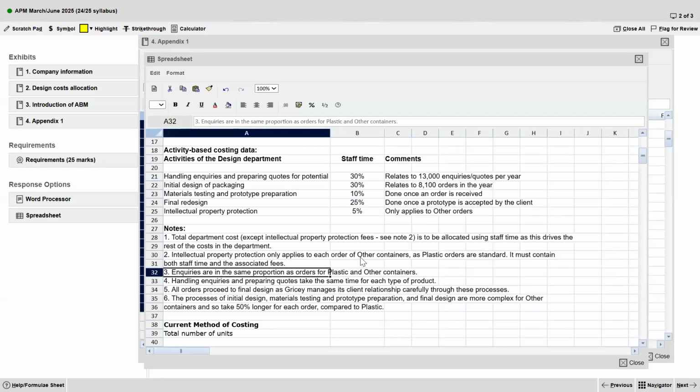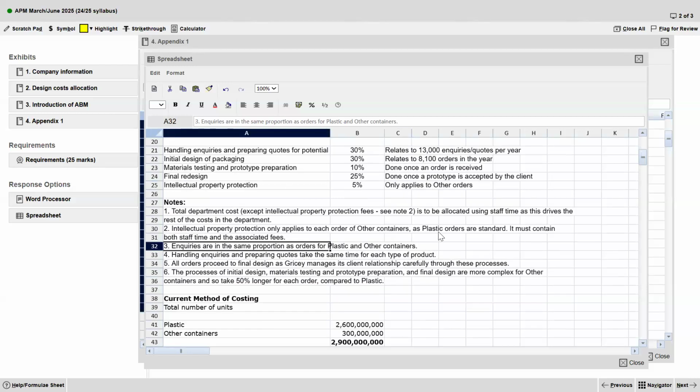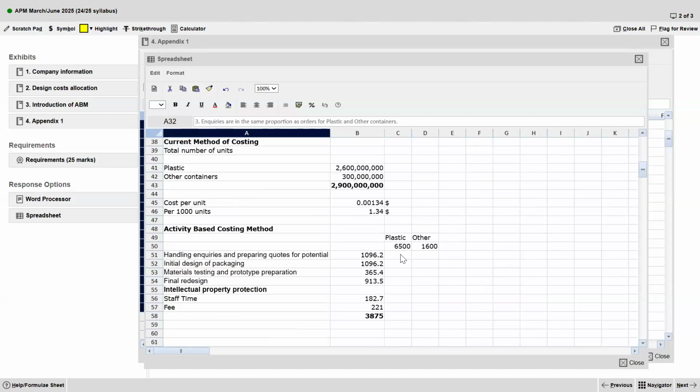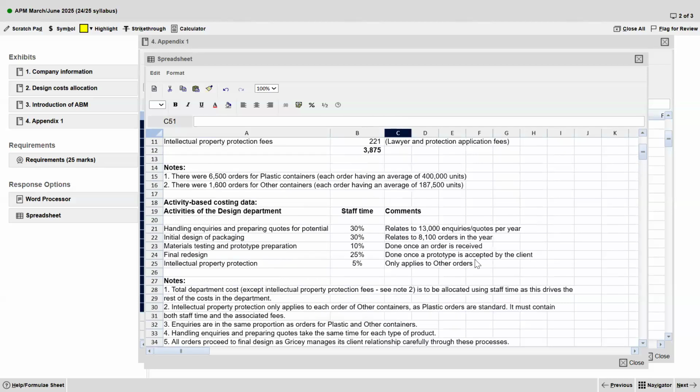Inquiries are in the same proportion as orders for plastic and other containers.